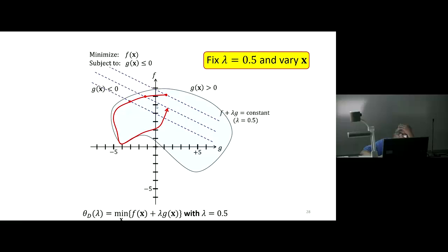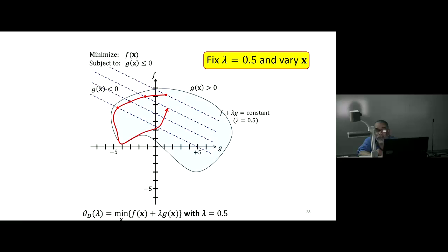So what's happening to f plus lambda g as we adjust x? It's going down, right? Here it's further down.